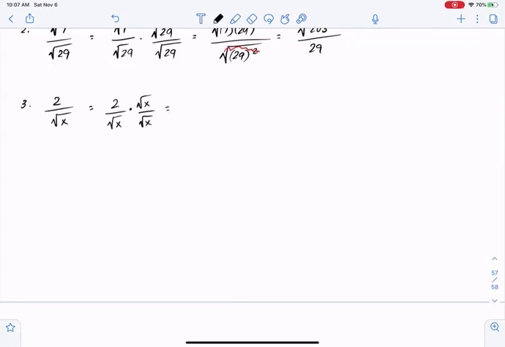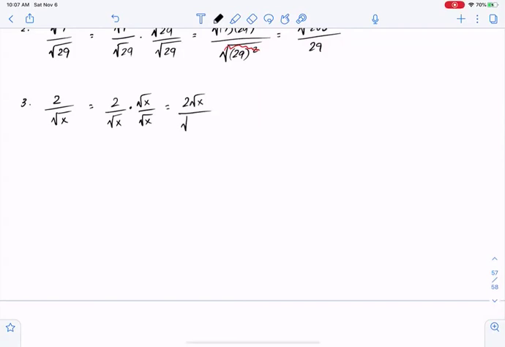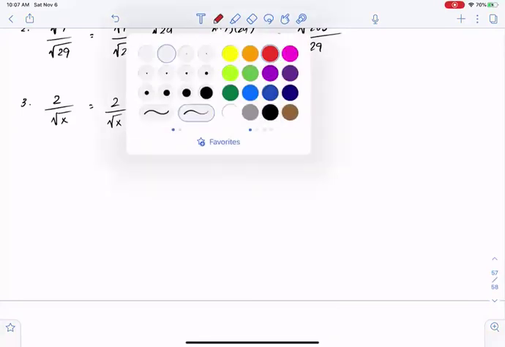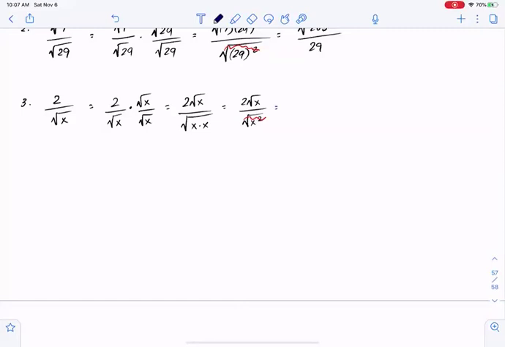So we will end up having 2 square root of x divided by square root of x times x, which is square root of x squared. The root and the square will get cancelled. So we will simply have 2 square root of x divided by x as the answer.